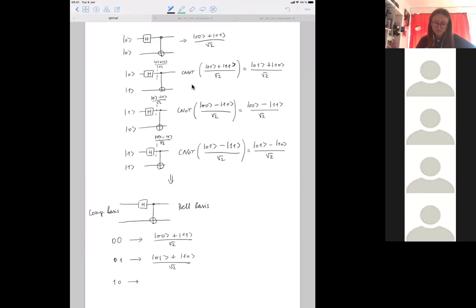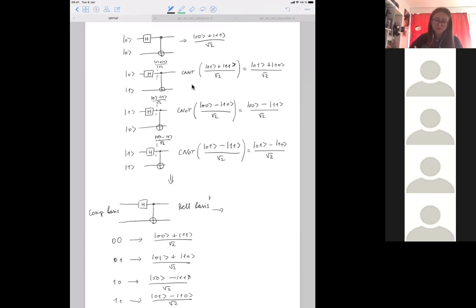Then 0,1 corresponds to 0,1 plus 1,0 over square root of 2. Then 1,0 is 0,0 minus 1,1 over square root of 2. And finally 1,1 is 0,1 minus 1,0 over square root of 2. So this is the operation that allows us to go from Bell basis to computational basis.